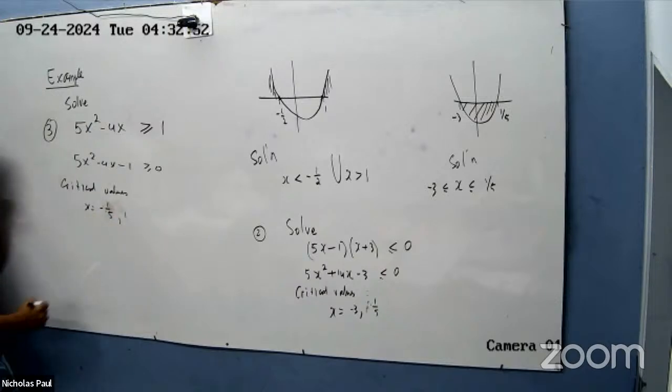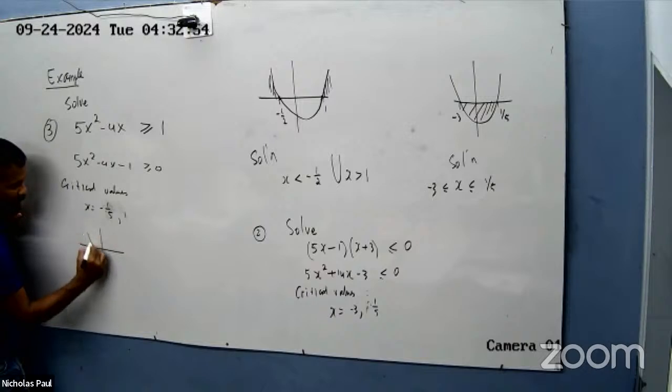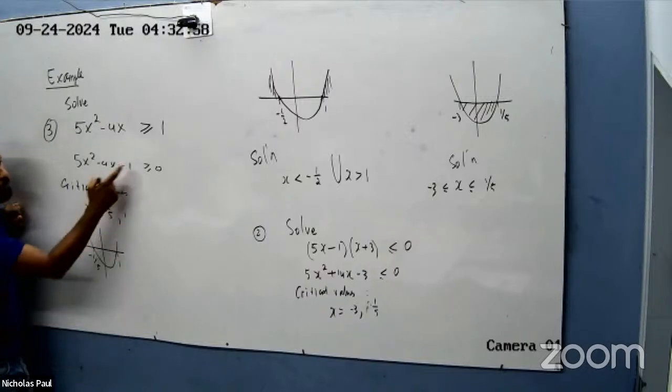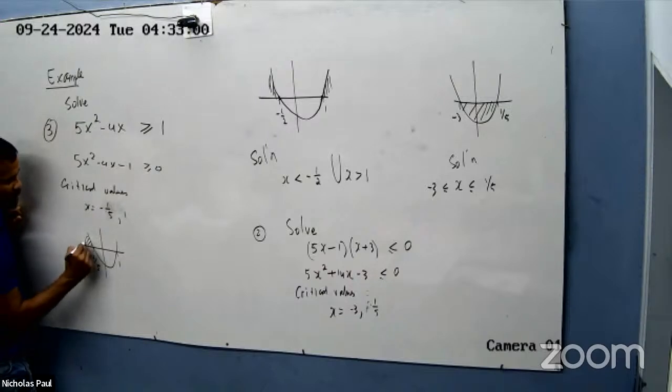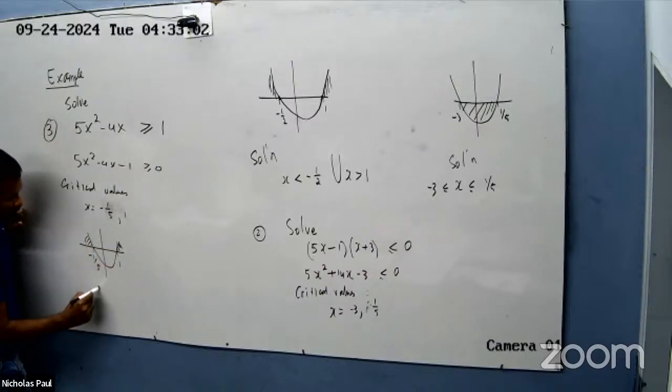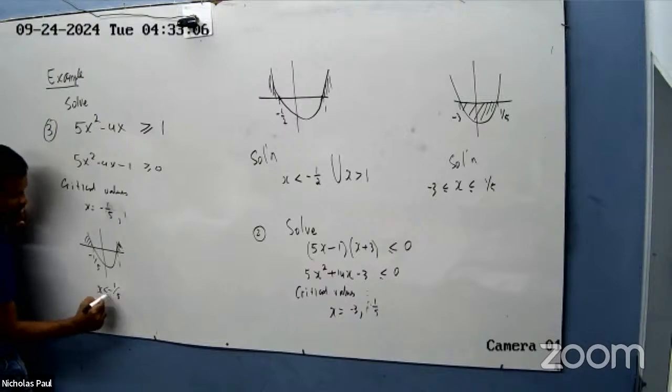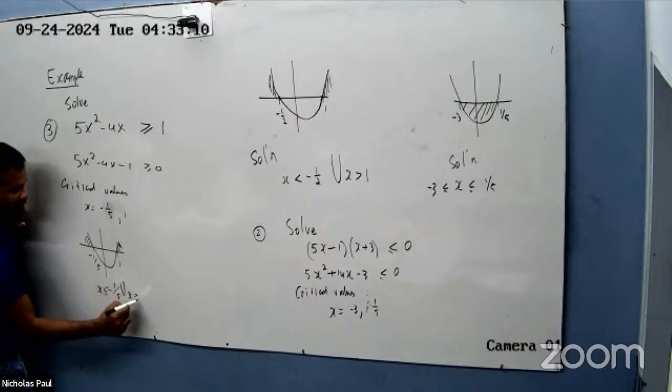Right? So the usual thing, do a quick little sketch. Here's negative one fifth. Here's one. The question said more than or equal to zero, so we do our shading here. So x is less than minus one fifth, together with x is more than or equal to one.